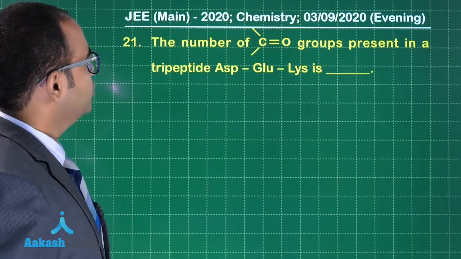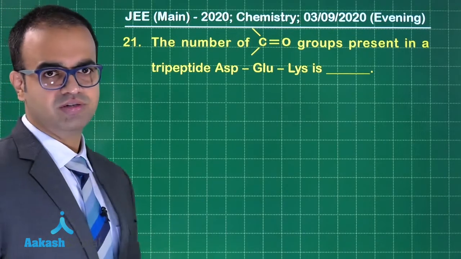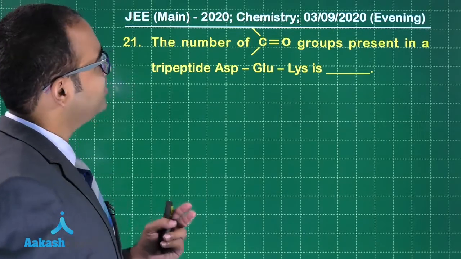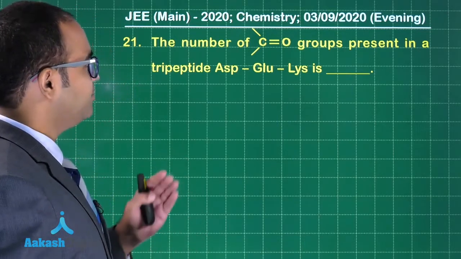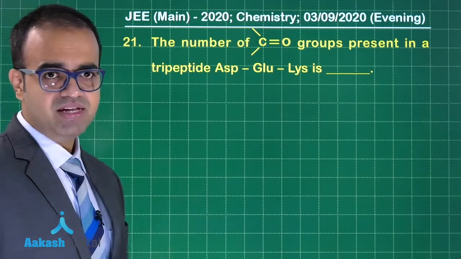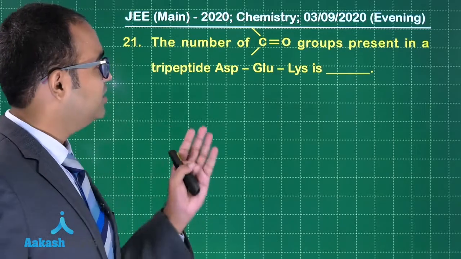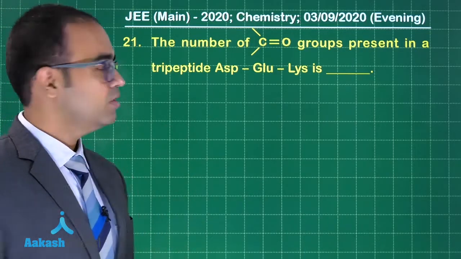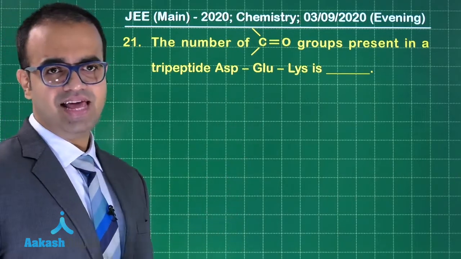So here we have a question from Biomolecules. The number of C double bond O groups present in the tripeptide ASP, GLU and LYS. Now what is ASP? ASP is aspartic acid. What is GLU? GLU is glutamic acid. What is LYS? LYS is lysine.